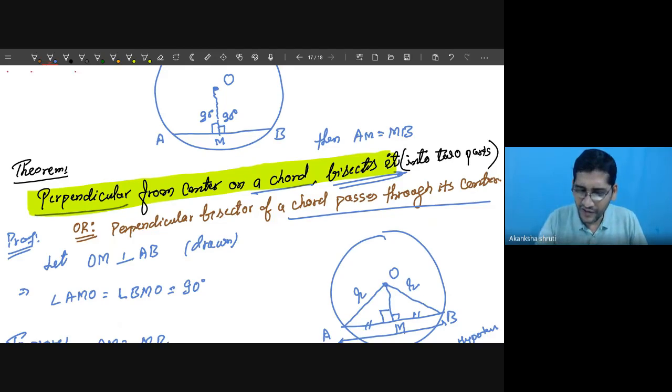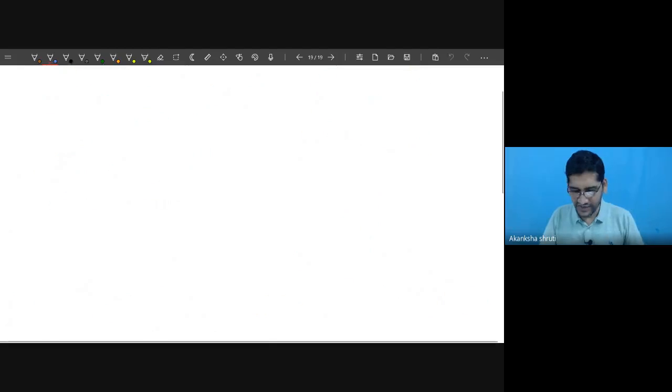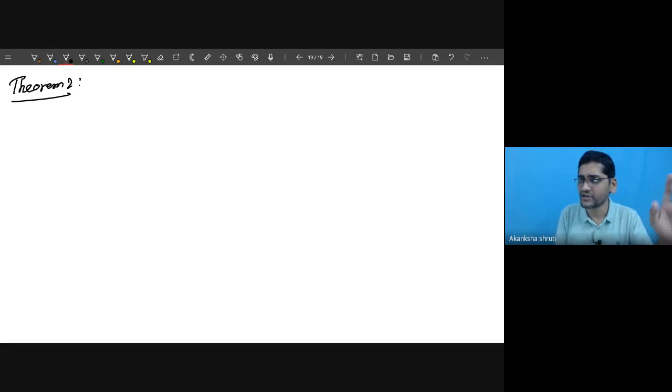So let us go for understanding or proving the reverse one. This is our theorem number 2 basically, or 1, 2 we have discussed earlier. This will be the 4 if we are in count.